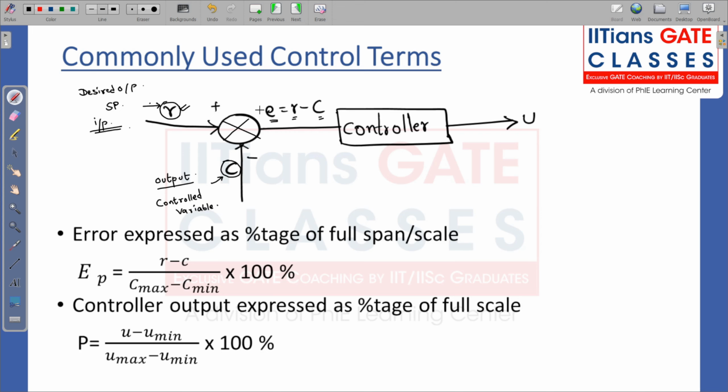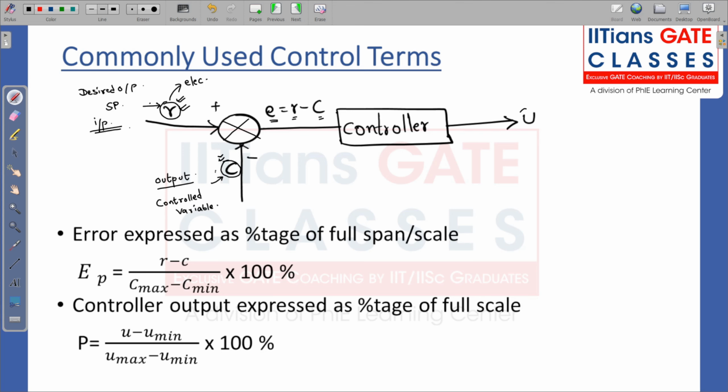One thing always remember, this R and C need to be the same quantity. Suppose R is electrical, then C should also be electrical. It cannot be pneumatic, it cannot be hydraulic. Because you cannot compare two dissimilar signals which have different properties. Electrical signals have different properties from hydraulic or pneumatic signals, so you cannot do that.